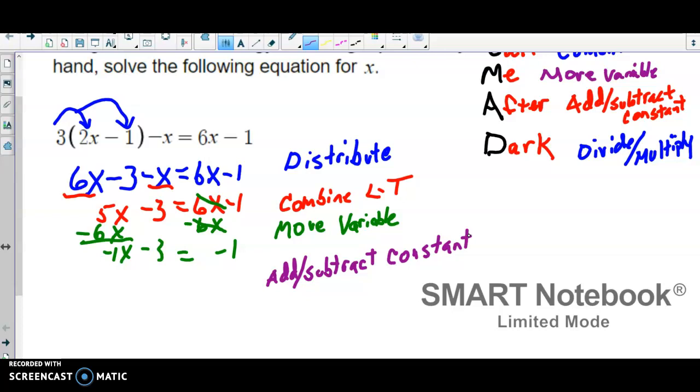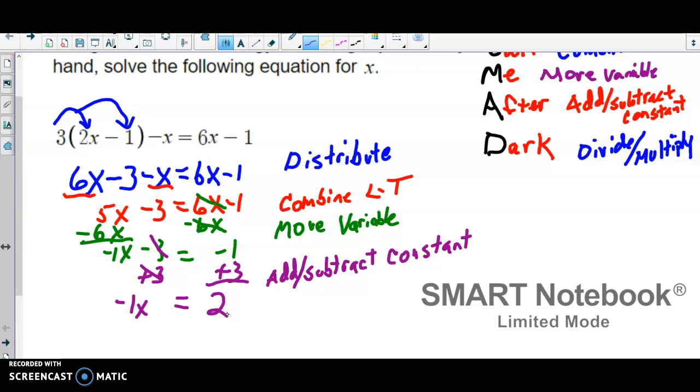So that's the 3. And remember, we do the opposite. So if I got a minus 3, plus 3 to both sides, everything else comes down. So I'm bringing down my negative 1x. Remember, my purpose is to get rid of that 3, and I did. And here I have negative 1 plus 3, which gives me 2. Signs are different, so you subtract, keep the sign of the bigger number.